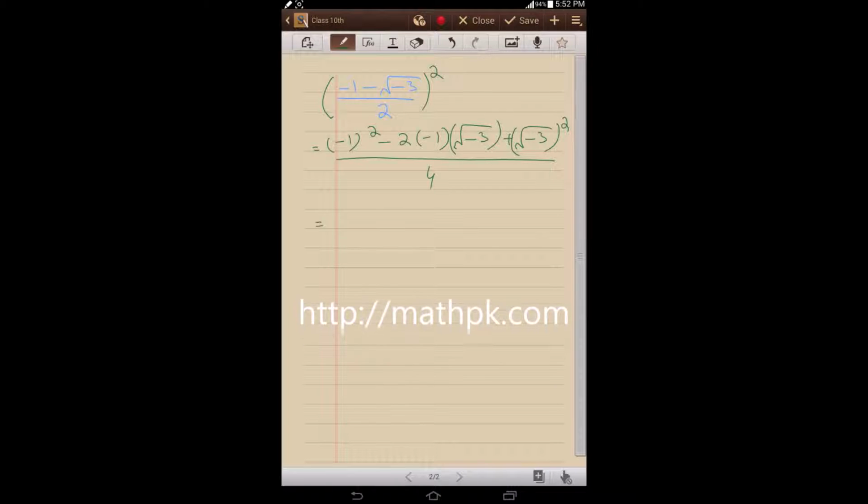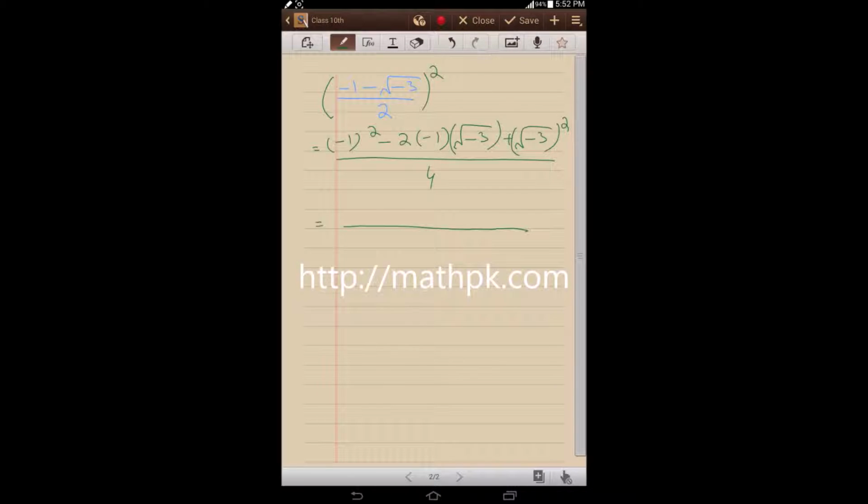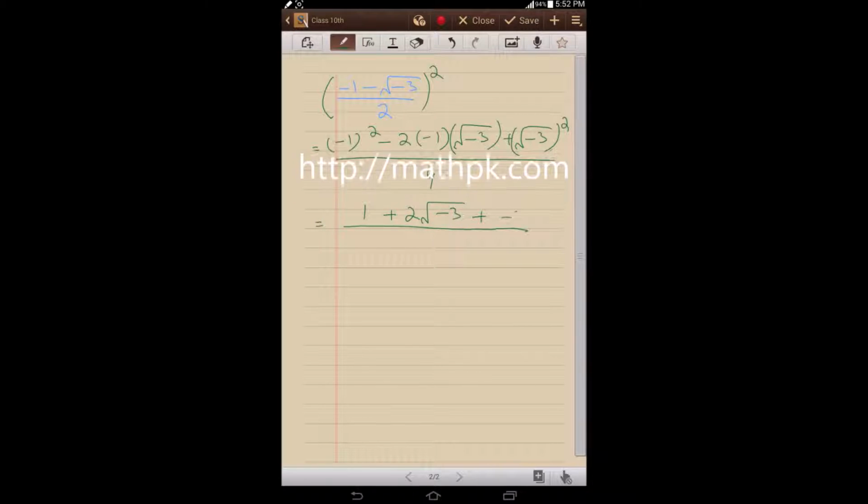Let's solve it. So this is 1 plus 2√-3 plus -3 divided by 4. So 1 plus -3, we can add, it becomes -2 plus 2√-3 divided by 4.